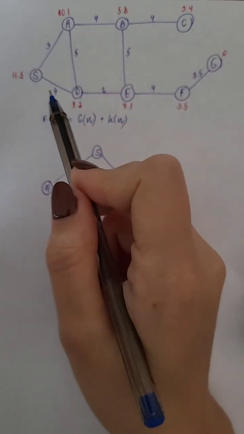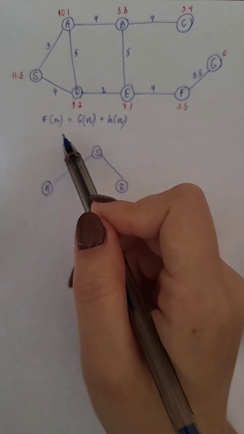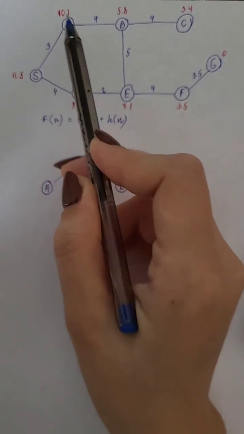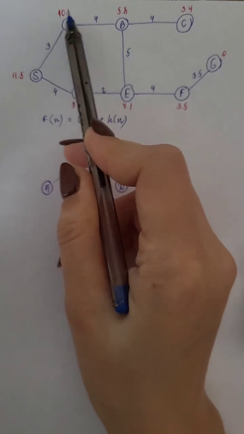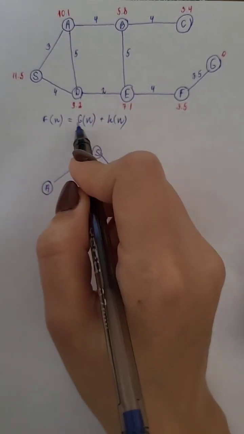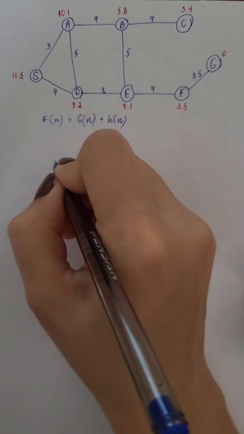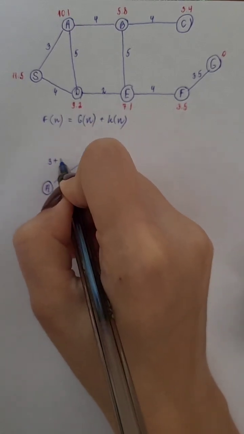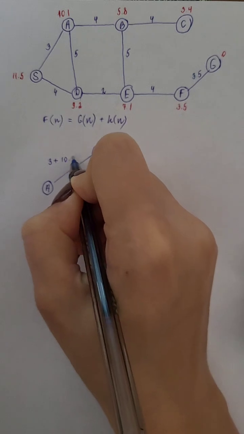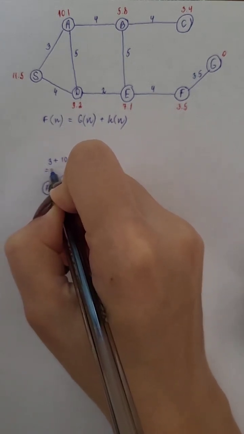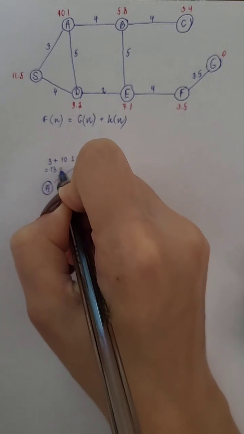This is 3, yeah? And G of A is nothing, but what's the heuristic of H of A? It's 10.1 in this case. So, like this formula, we have to write 3 plus 10.1, which gives us 13.1.